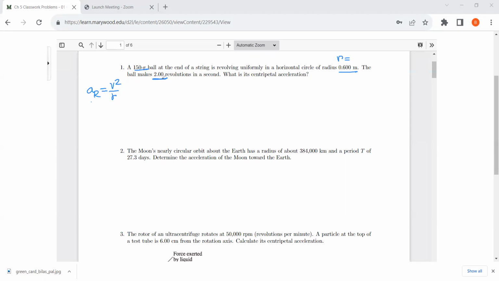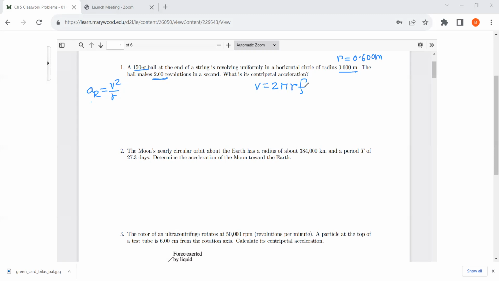To calculate the centripetal acceleration, the first thing we need to determine is the velocity. We already know r, the radius, is 0.600 meter. So what is v? If you remember from the theory class, v is 2 pi r f, where f is the frequency.